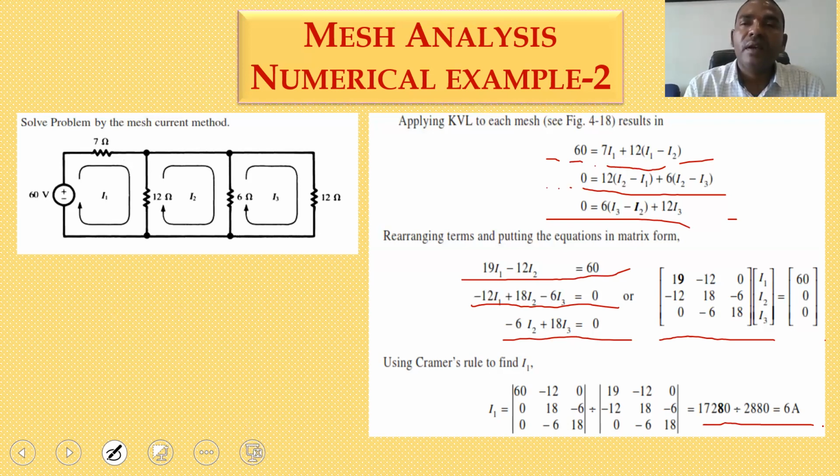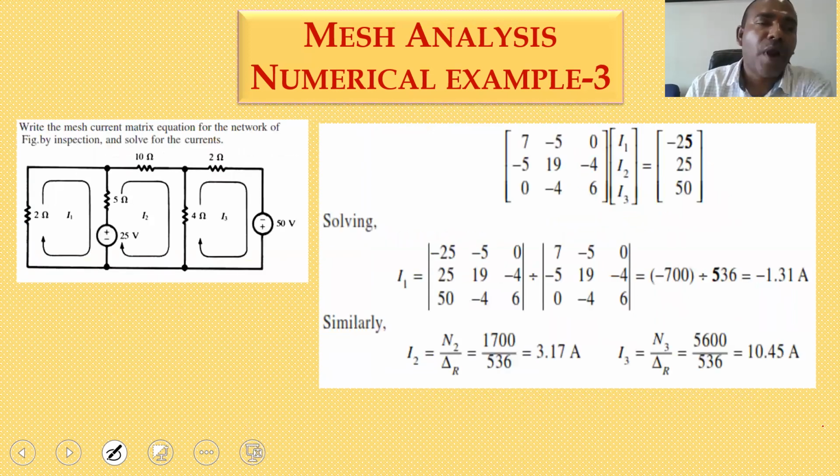Coming to the next problem. The problem is given for finding the mesh currents. Here two voltage sources are there. It is a 3-loop circuit, and for this 3-loop circuit you are going to calculate I1, I2, I3. Let us assume the currents are flowing in the clockwise direction.